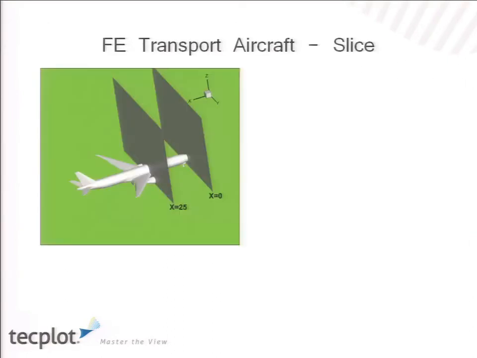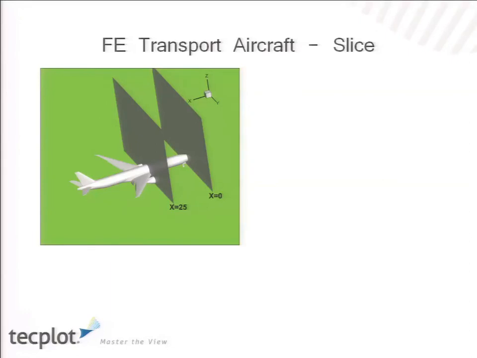So this is the transport aircraft I told you about earlier. It's a full aircraft configuration. It's in landing configuration. It has flaps down, slats down, landing gear. It's roughly 200 million cells. If you look at slices from front to back, x equals 25 is a very fine grid region because it runs right through the nacelle, and there's actually grid inside the nacelle, and it runs through the flaps.